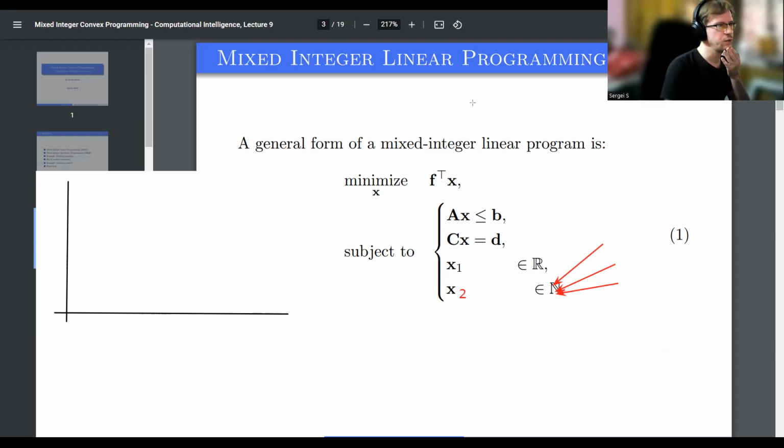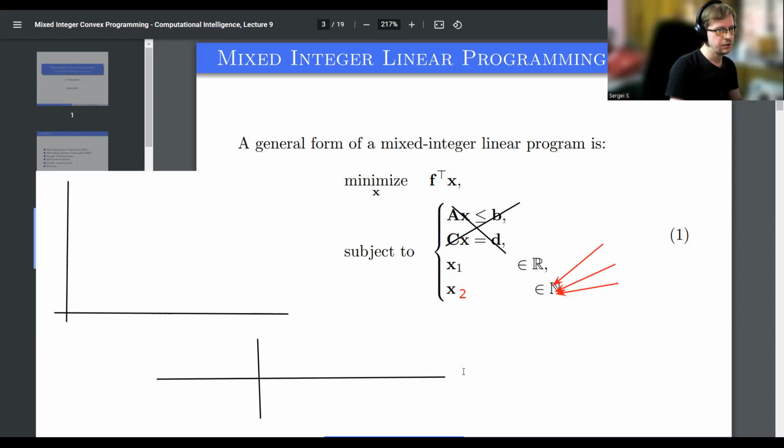So for x1, the domain would look just normal. Like the domain for x1 is all R, unless the inequalities here do something. But if we don't have any inequalities, then the domain is just R. So this would be the domain for x1.